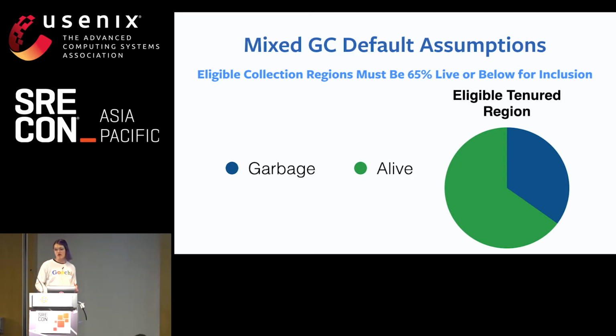We will never, ever include a tenured region into the collection set. And the result is that you get very fragmented object death across your heap, resulting in a monotonic growth in your heap usage followed by full GCs.